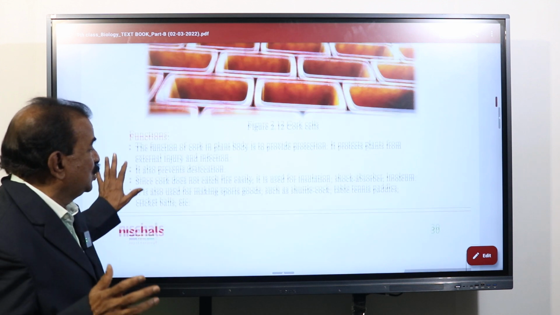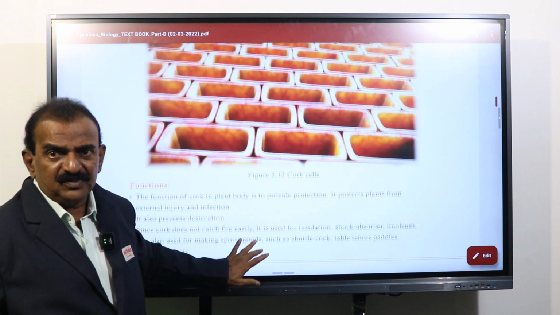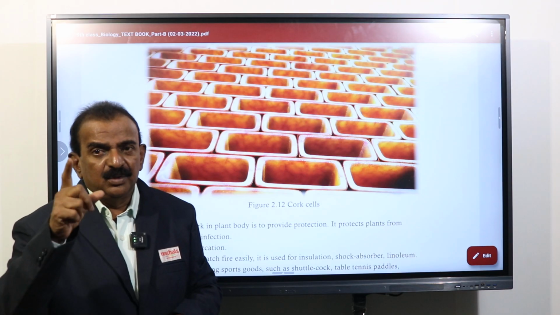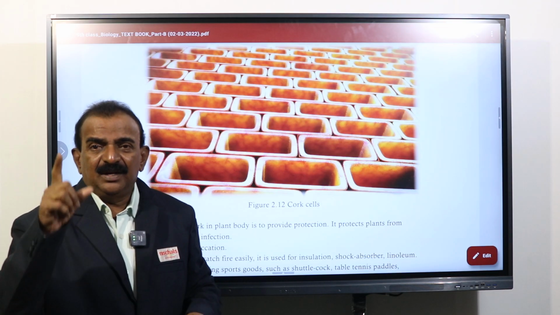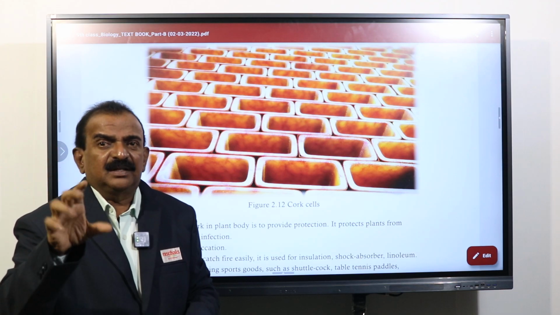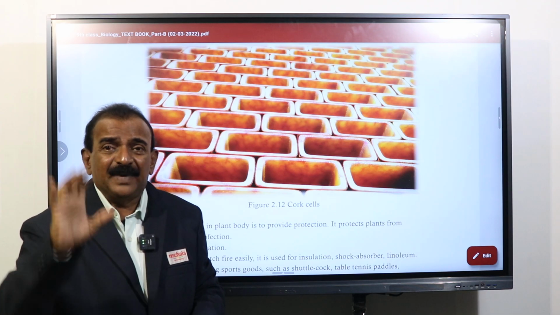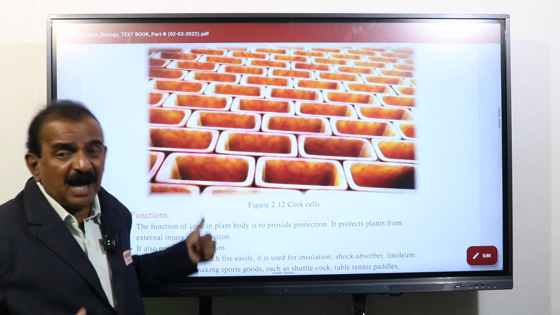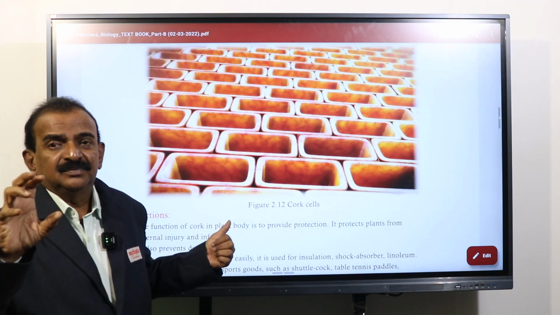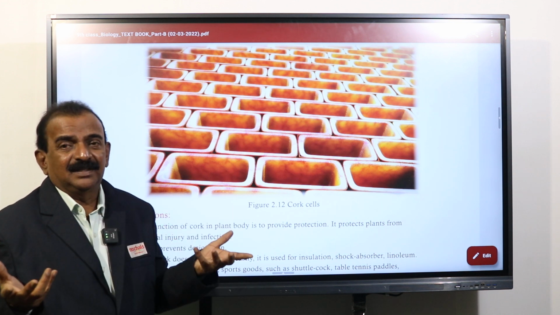It is also useful in making sports goods. Children, you play shuttle, tennis, and cricket. The sport articles you are using are prepared from the bark of the plant. We use a cork ball, which is prepared from bark, and it is lightweight.